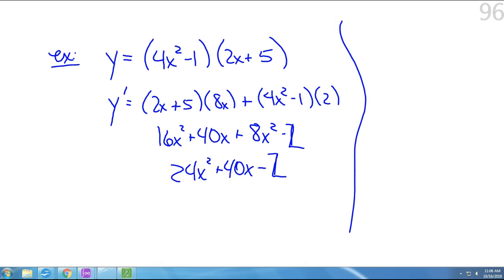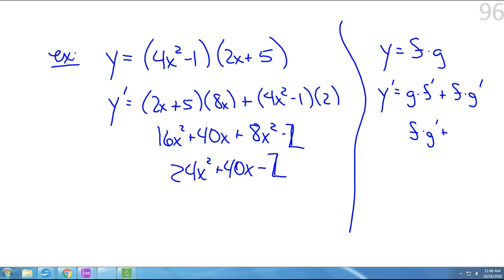So if I give you y equals f times g, product rule, I teach it as g times f prime plus f times g prime. Is it the same if we do f times g prime plus g times f prime? Those are the exact same thing, right? I just flip-flopped them.